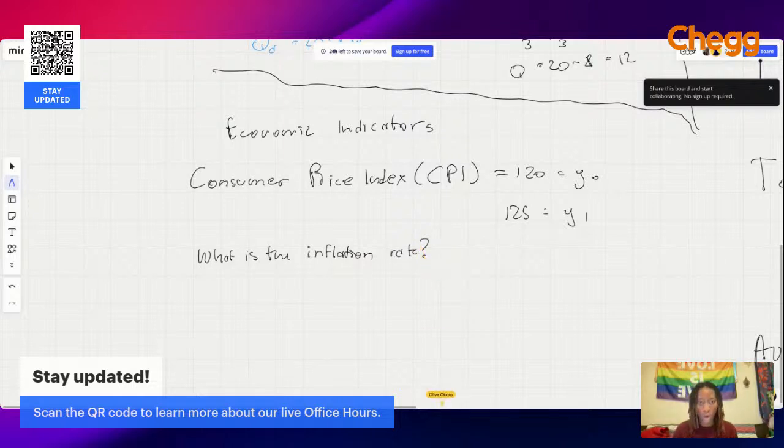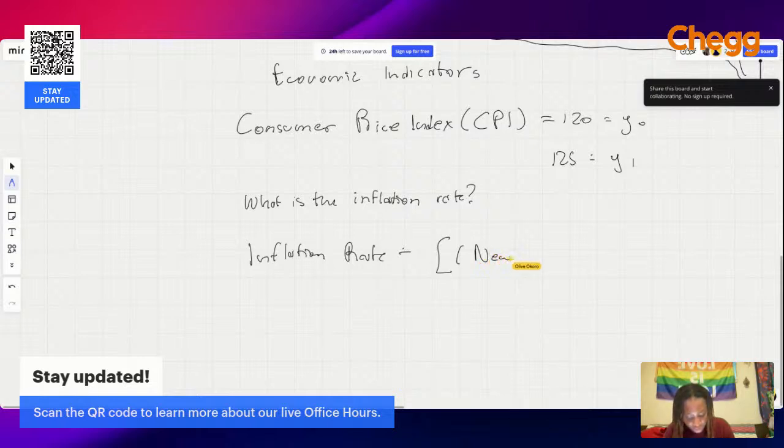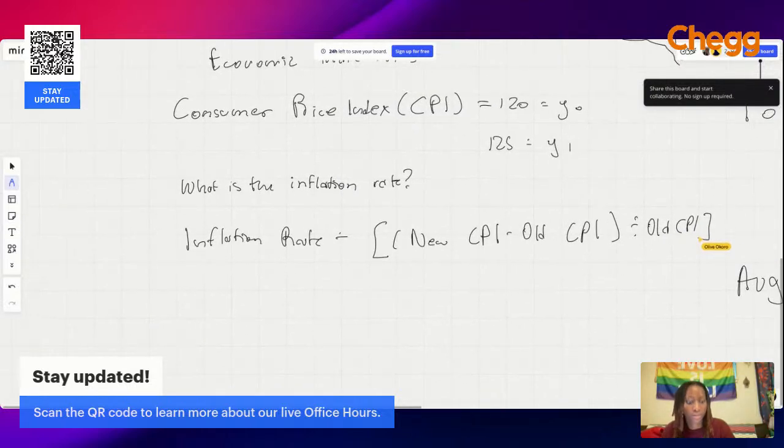Okay, so after that, we're going to use the inflation rate formula, which is a simple formula where inflation rate equals the new CPI minus old CPI divided by old CPI, times 100.